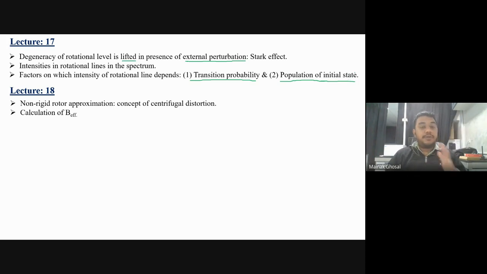Up to the previous lecture, the rigid rotor approximation was discussed, that is, the bond length is fixed and not changing. It is just rotating.